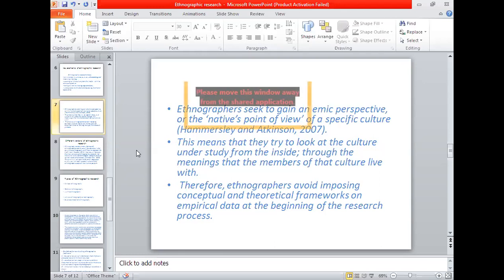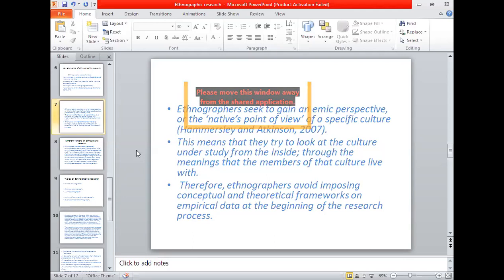In quantitative research, the researchers always have some kind of theoretical explanations with them for understanding the behaviors or the variables which they want to study.